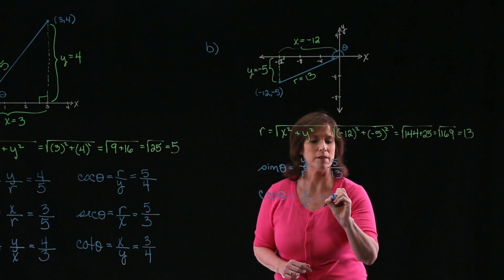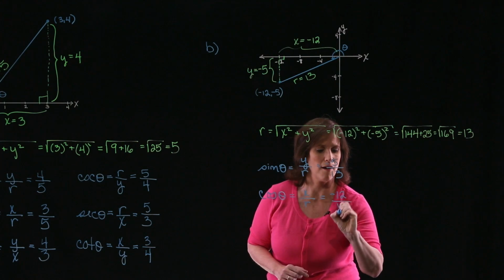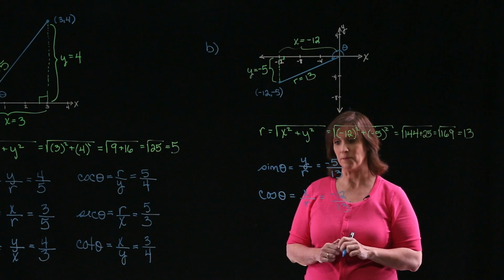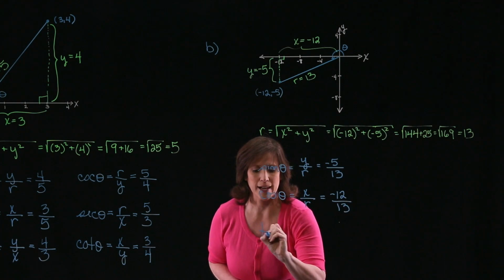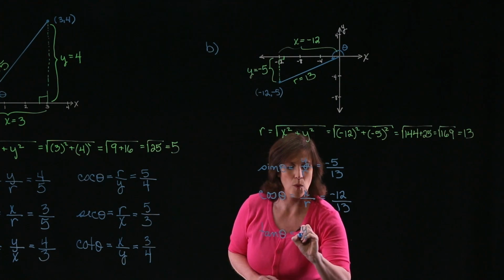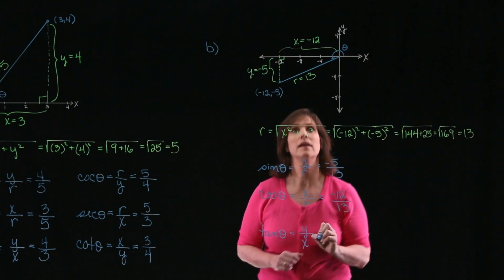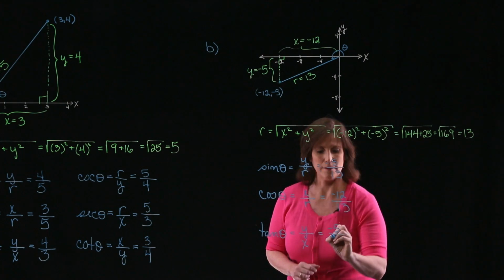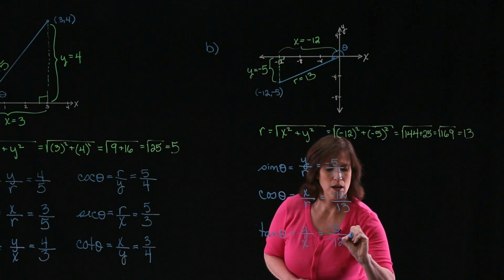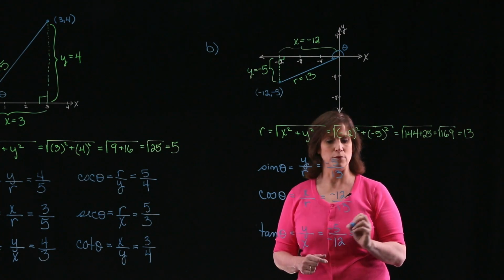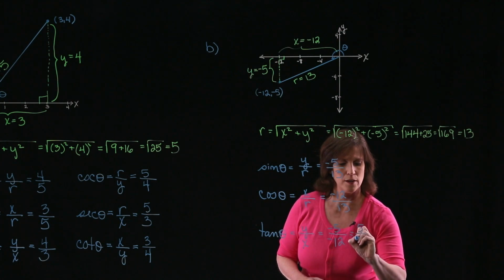Our x value is negative 12, and r is 13, so the cosine of theta is negative 12 over 13. Tangent is next. The tangent of theta is defined as y over x. The y value is negative 5, the x value negative 12. Notice this one can be reduced. Instead of writing it as negative 5 over negative 12, I'll just write it as 5/12.